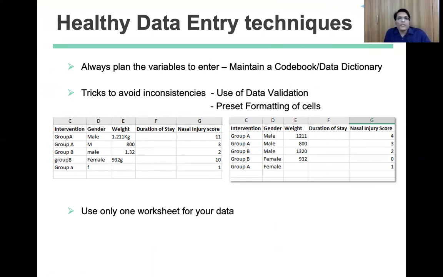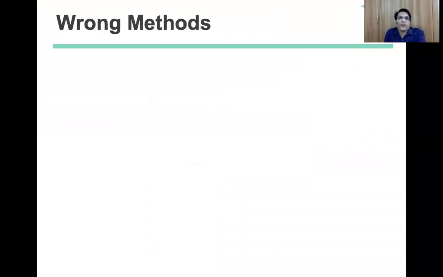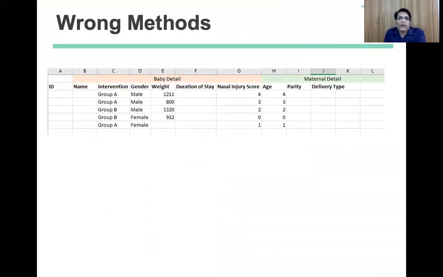And always use one worksheet for the data. Never enter into parallel workbooks. It only adds to your work after the end of the research. Some wrong methods: always leave the first row for the variables.